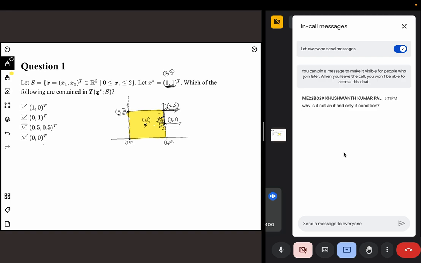I didn't get it, so you're saying if you put it here, even then it wouldn't be pointing inside the domain, right? Because the point here is (0,0). Okay, so I think I understood what you were trying to say. You're trying to say that this particular vector, I will translate it to this particular point (0,0). Yeah, let's say you translate it to here.